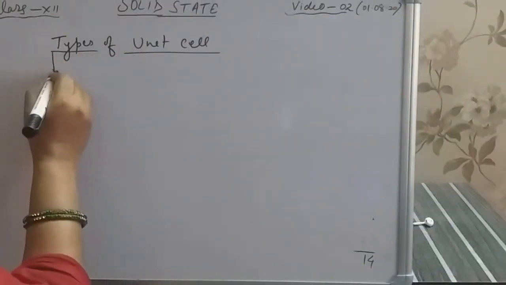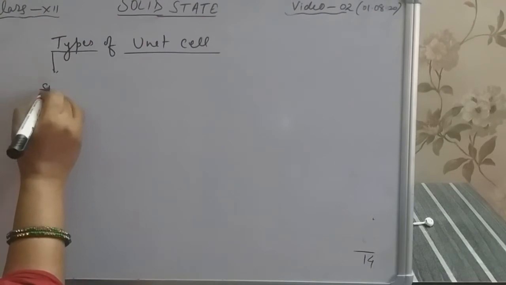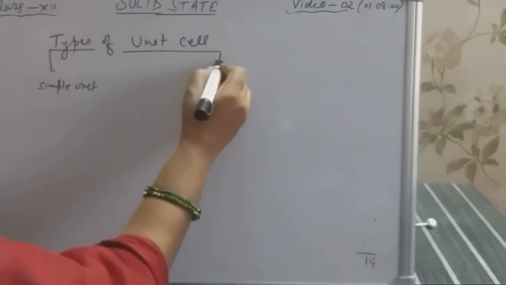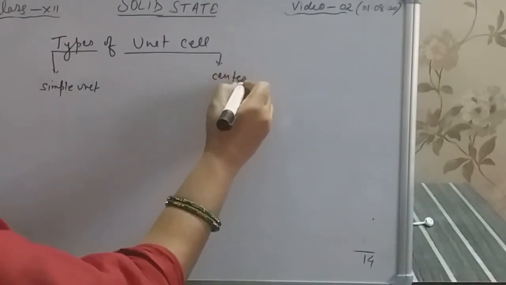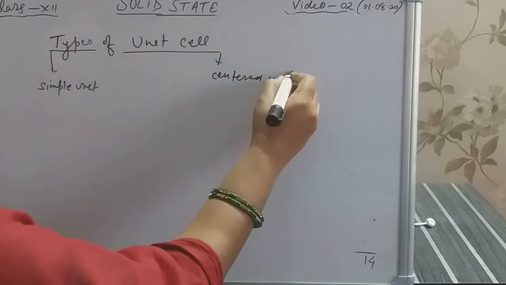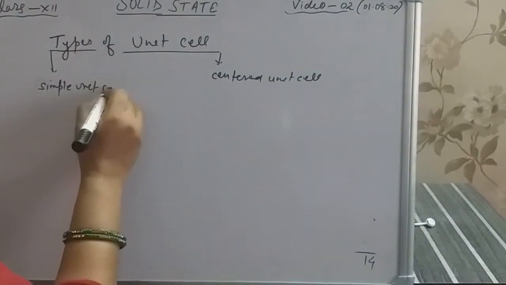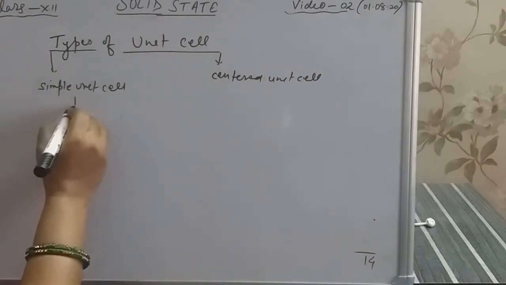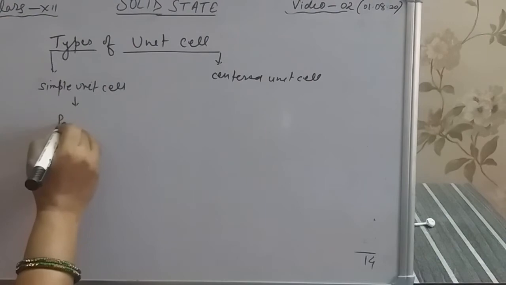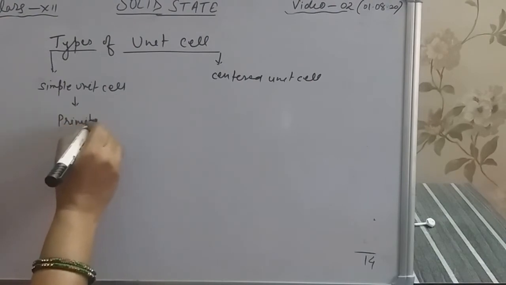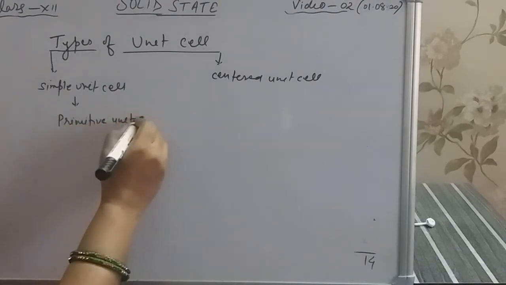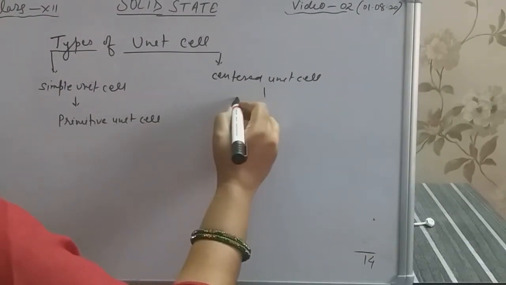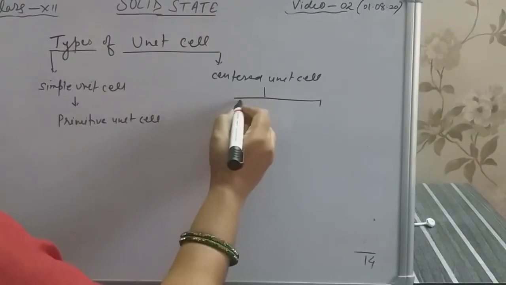The first part is the simple unit cell, and the second part is the centered unit cell. Simple unit cell is further divided into only one, called the primitive unit cell, whereas centered unit cell is further divided into 3 parts.